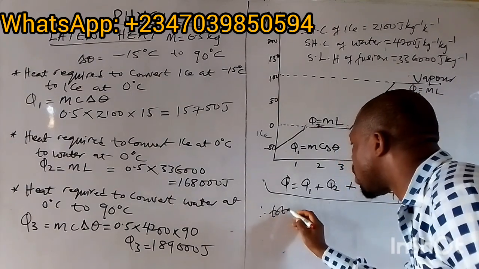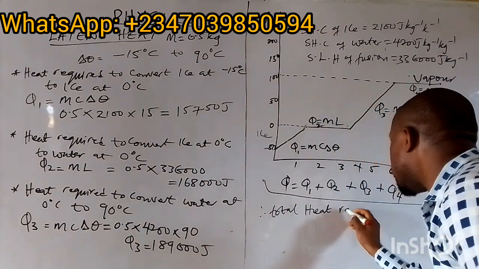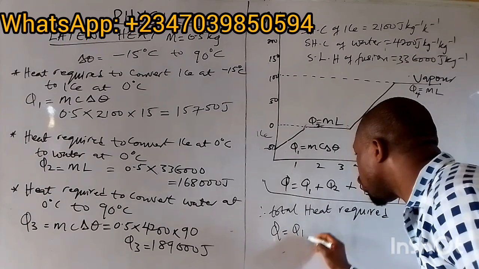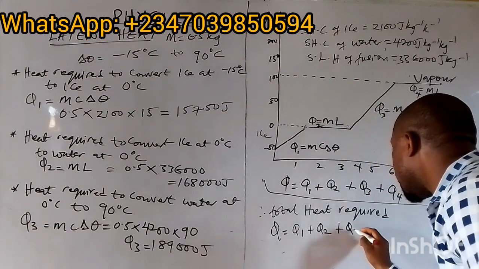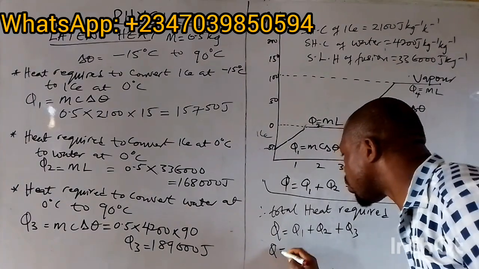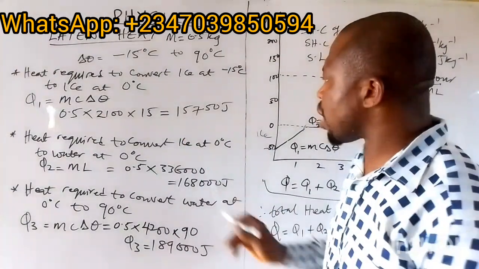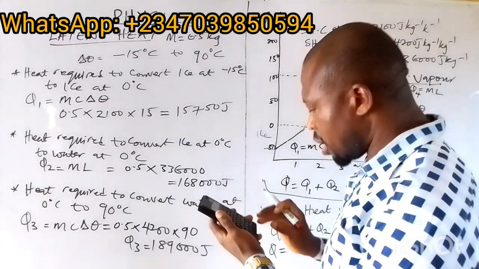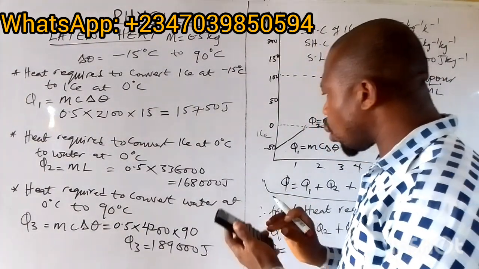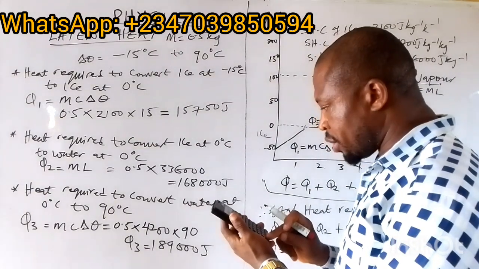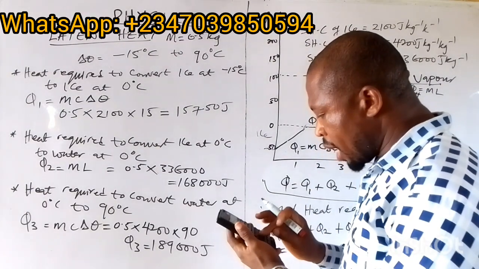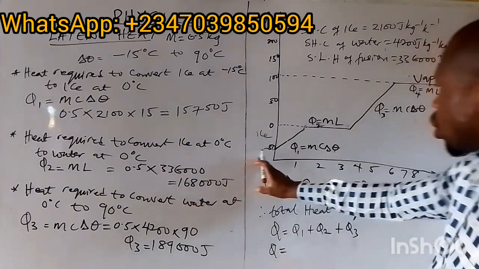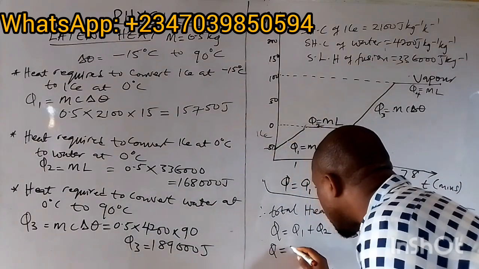Total heat required will give us Q equals Q1 plus Q2 plus Q3, which will now give us that Q is equal to, we can now take them one after the other, which is 15,750 plus 168,000 plus 189,000.